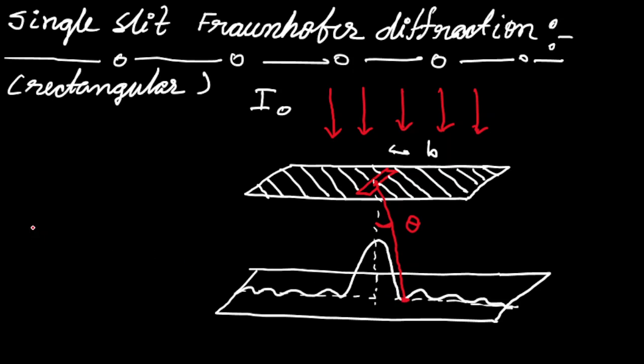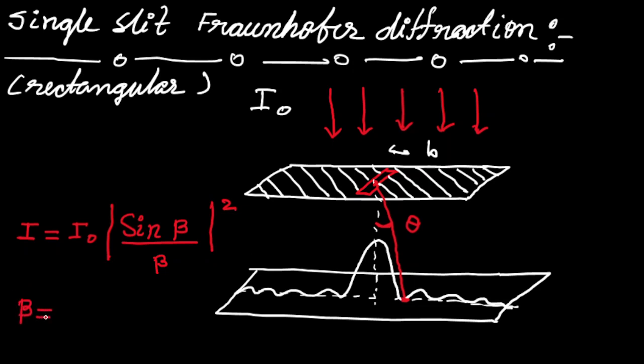That is the diffraction intensity of the diffracted light, and it can be written as I equals I naught times (sine beta divided by beta) whole squared, where beta equals pi divided by lambda times b sine theta. What is lambda? Lambda is the wavelength of the incident wave.